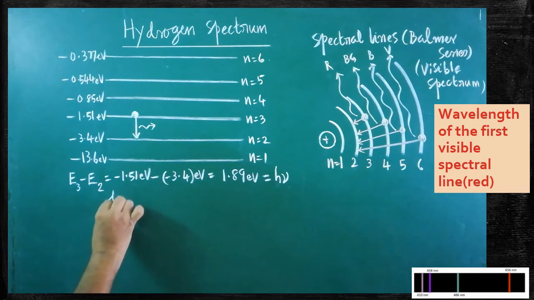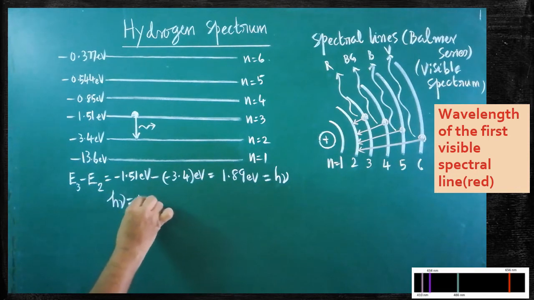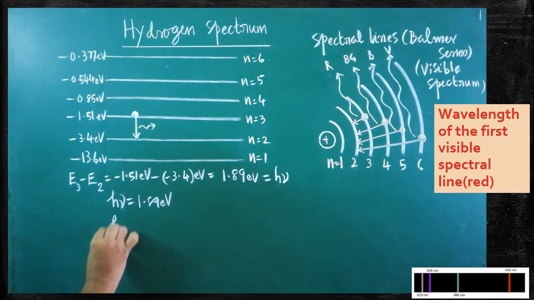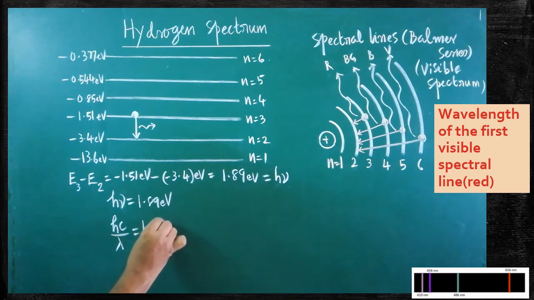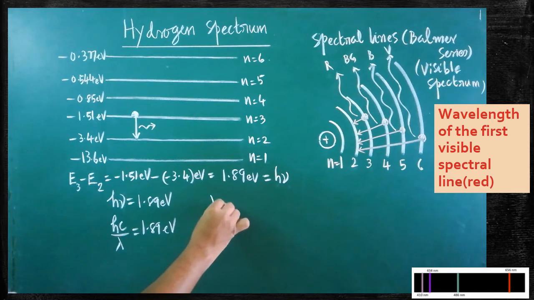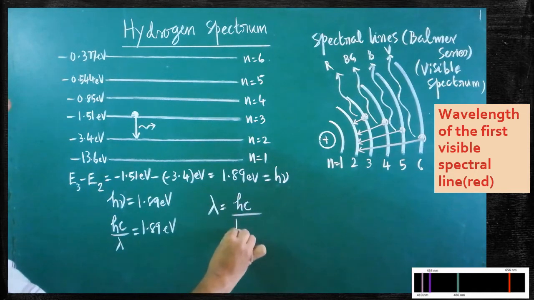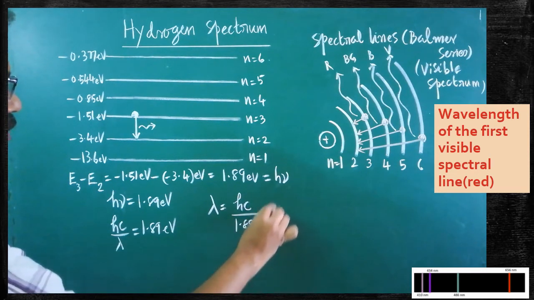Therefore h nu is equal to 1.89 electron volt. We are going to calculate the wavelength. hc by lambda is the formula. 1.89 electron volt. Here lambda is required. Lambda is equal to, cross multiplying, hc divided by 1.89 electron volt.